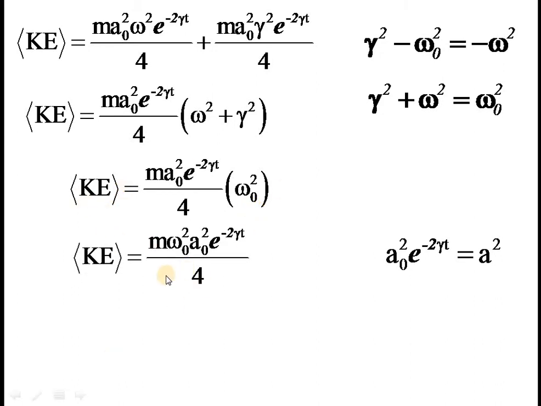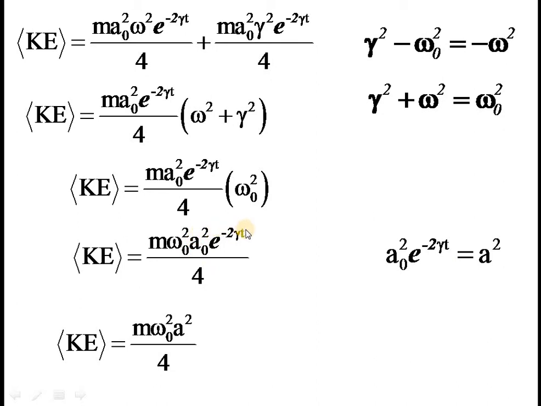Or you can rearrange it. So we get 1 by 4 m omega 0 square a0 square e raised to minus 2 gamma t. And we know that a0 e raised to minus gamma t is called a, so the square of this, a0 square e raised to minus 2 gamma t, will be a square.